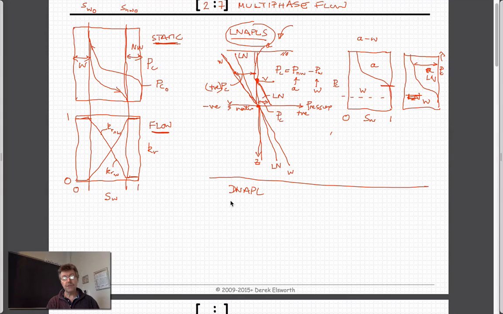If we draw the same geometry as we had before, the ground surface, the water table, and I suppose a capillary barrier, then we can do the same calculation. We have the pressure change with depth due to water.